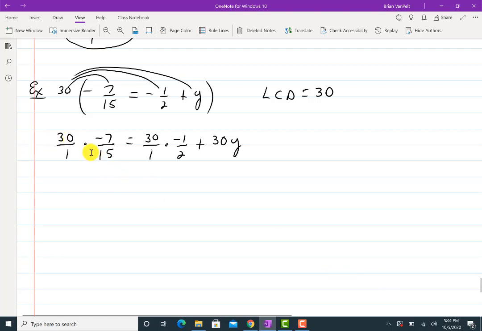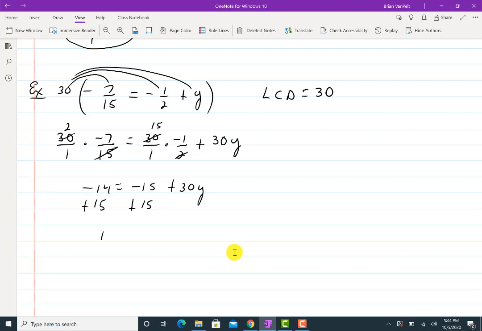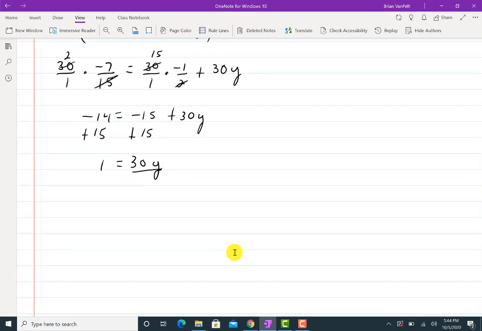Between the 30 and the 15, 15 goes into 30 twice. So for this piece right here, 2 times -7 is -14. Between the 30 and the 2, I can cancel. 15 times -1 is -15 plus 30y. And then once again, normal procedure to solve the problem. So add 15 and then divide by 30.